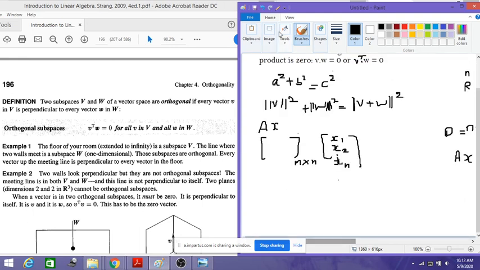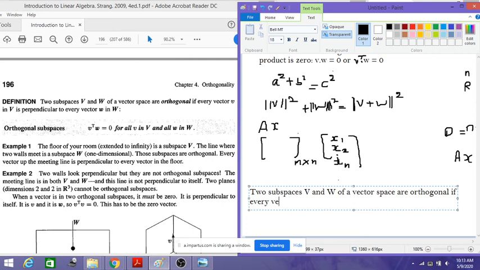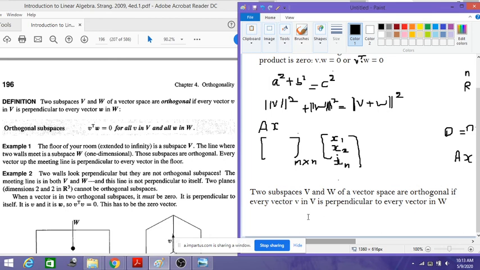To look into the deeper definition, let me write here that if you have two subspaces, say capital V and capital W of a vector space, we say they are orthogonal if every vector small v in V is perpendicular to every vector in W. So this is nothing but the orthogonal subspaces.